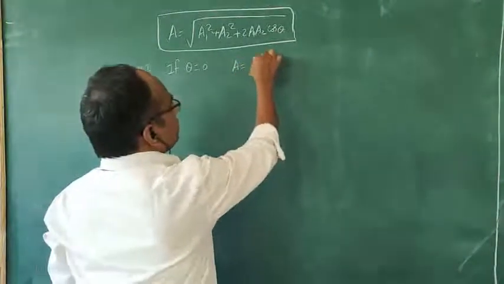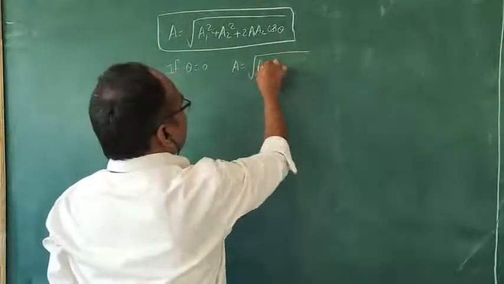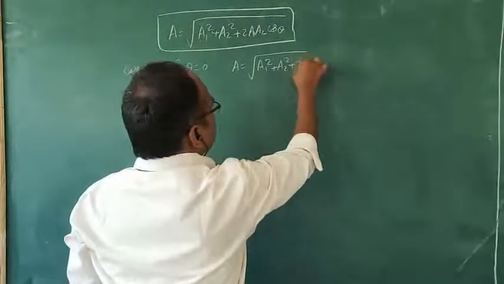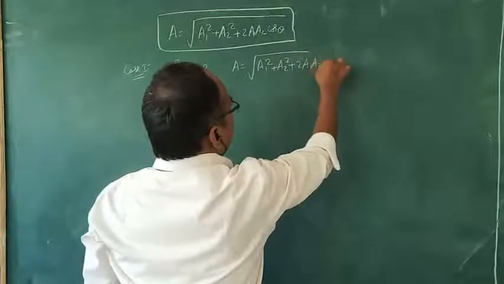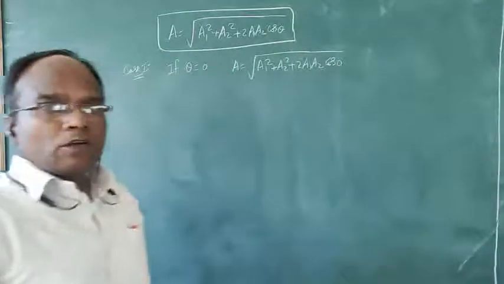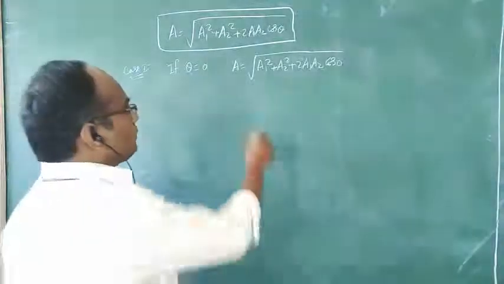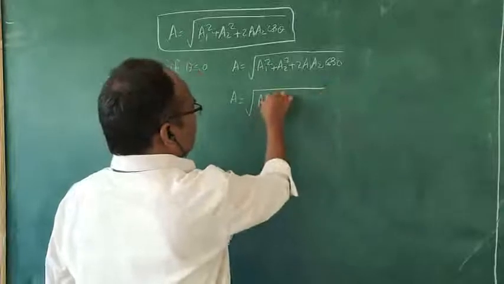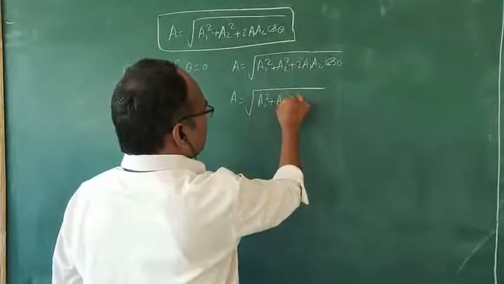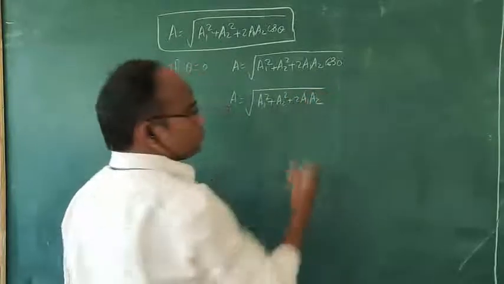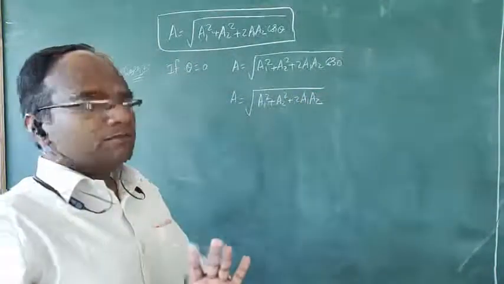A is equal to root of A1 square plus A2 square plus 2A1A2 cos 0. Cos 0 means what? 1. Therefore, what should I write? A is equal to root of A1 square plus A2 square plus 2A1A2. Cos 0 means 1.